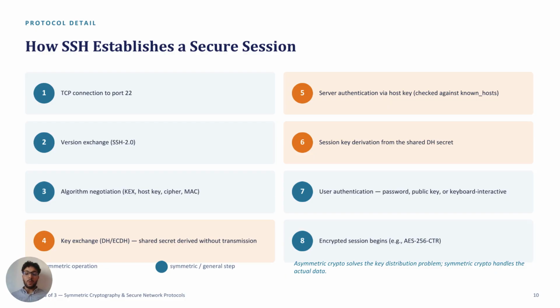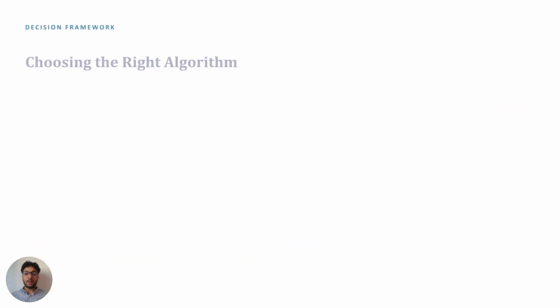From this point forward, every byte of the session is protected by a symmetric cipher, typically AES-256 in CTR or GCM mode. The asymmetric operations happen once at the start. Symmetric encryption handles all the work.